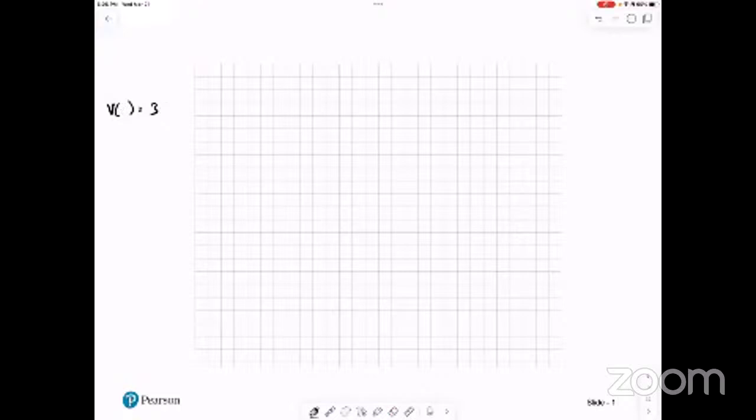I think most of our stuff is going to be happening in quadrant 1, so I'm going to put my origin about here. Okay, let's see.